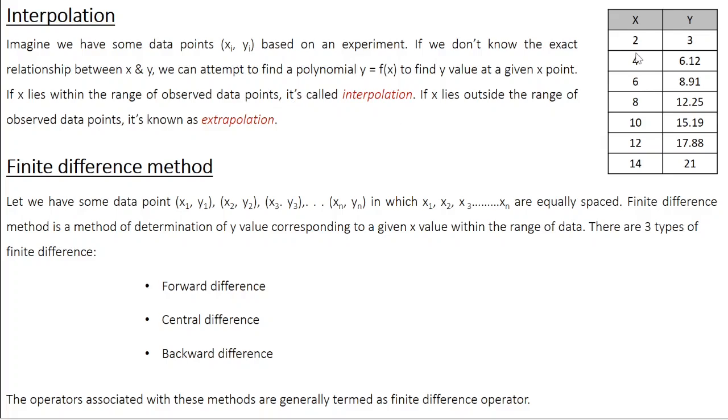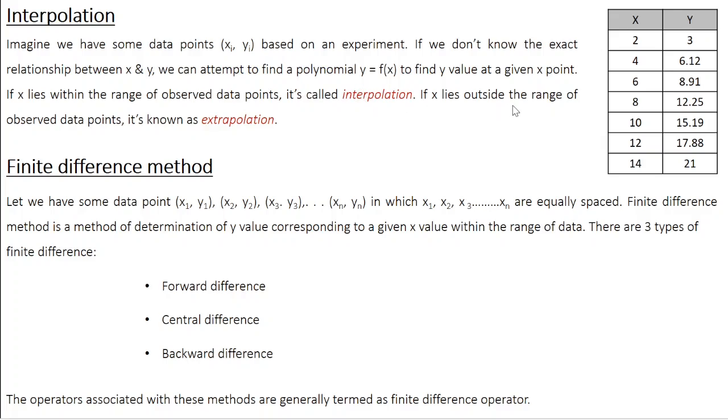For example, suppose I want to find the y value corresponding to x equal to 3. This is not an experimental data point, but the x value lies within the range of the observed values. So once you know f of x, you substitute x equal to 3 and find the corresponding y value. So if x lies within the range, it is known as interpolation.